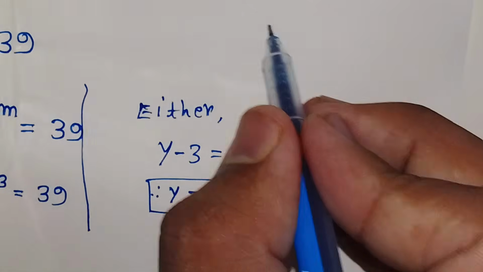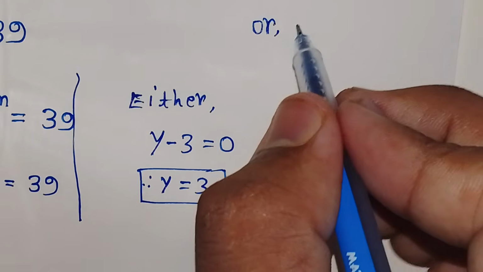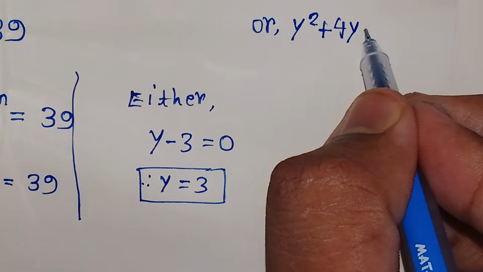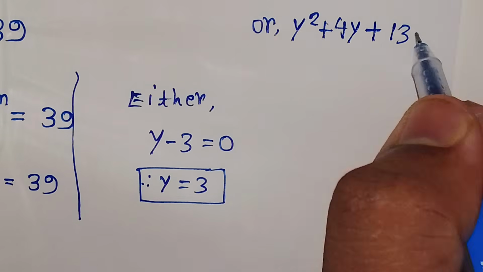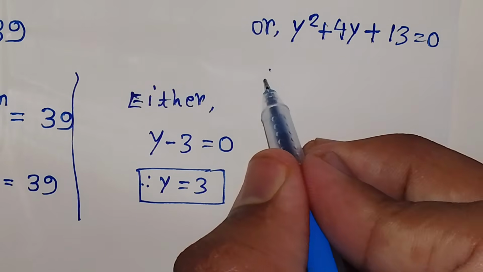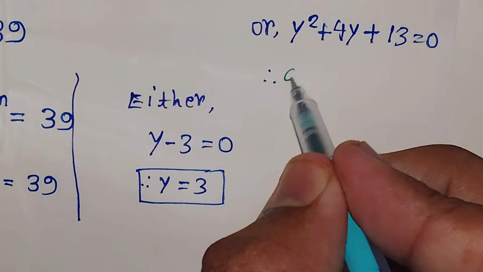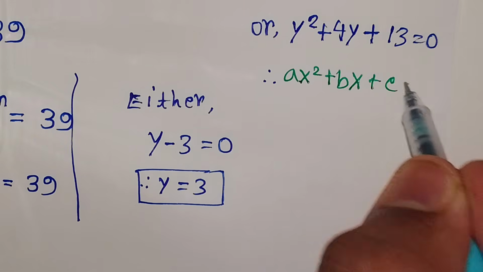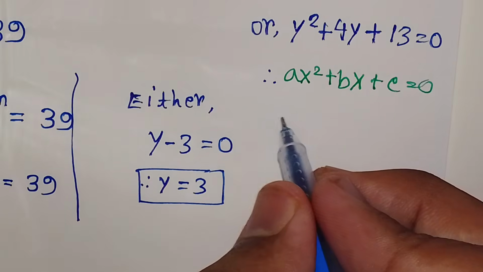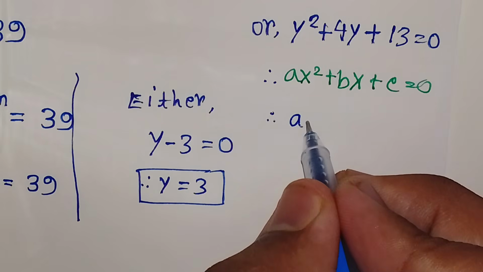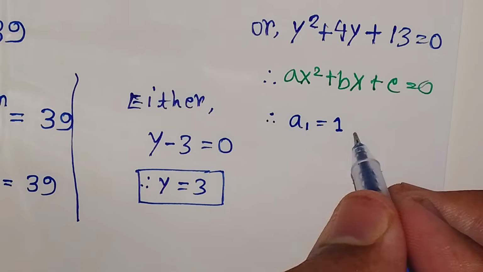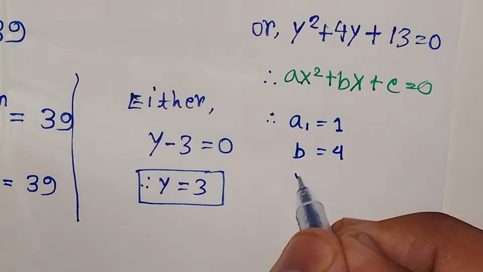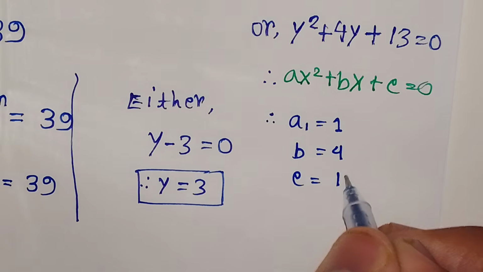And on the other hand we get the other equation, which was y squared plus 4y plus 13 equals 0. If you look here, this is a quadratic equation. So if we compare it with ax squared plus bx plus c, then we'll get the value of a equal to 1, the value of b is equal to 4, and the value of c is equal to 13.